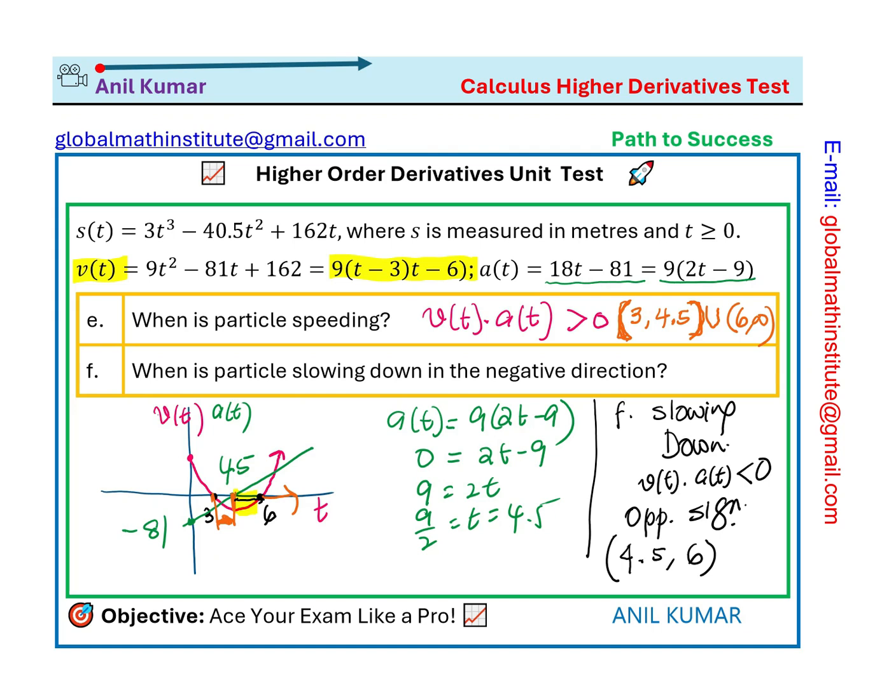Because velocity has to be less than 0. So velocity is less than 0 between 3 and 6. Within this interval, acceleration becomes positive after 4.5. And therefore, that is the region where, while the velocity is negative, meaning reverse direction, the object is slowing down. Makes sense, right? Great. So that is how we'll answer this.